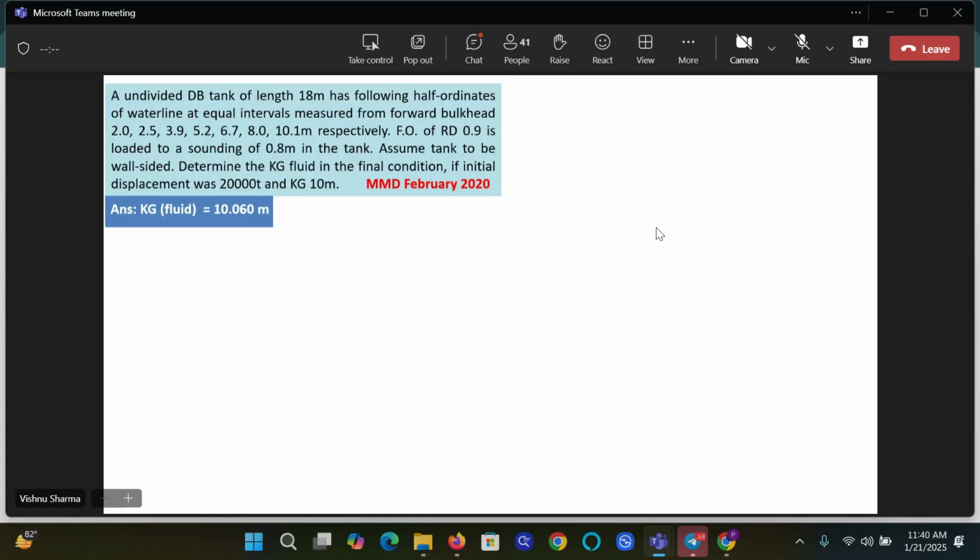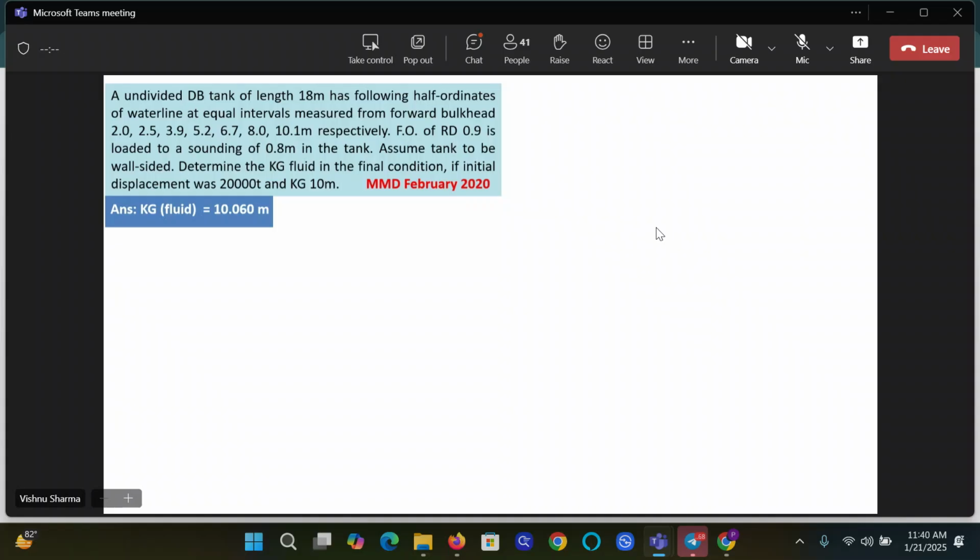Now this tank has been loaded up to 0.8 meter sounding. Now the question could be, will there be free surface in this? Yes or no? Now somebody may say, sir, how do you know the tank is slack? I also don't know the tank is slack, because maybe the tank height is 0.8 meters, or maybe less than 0.8 meters.